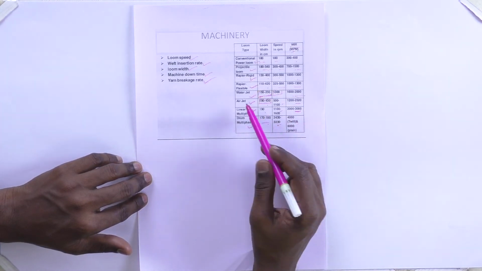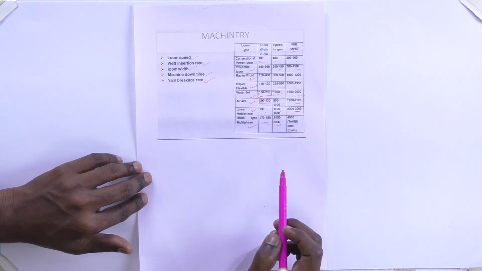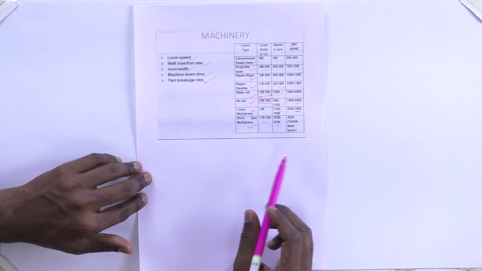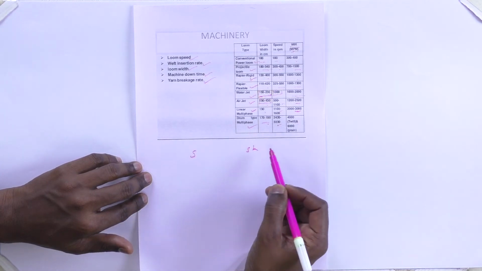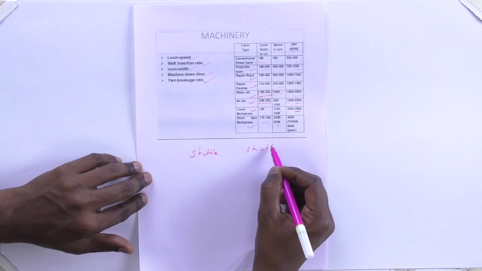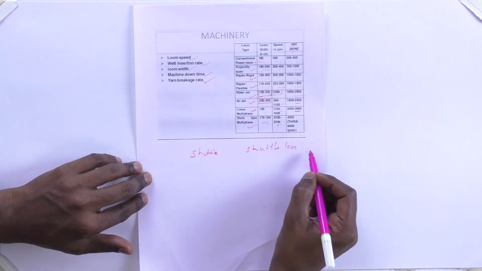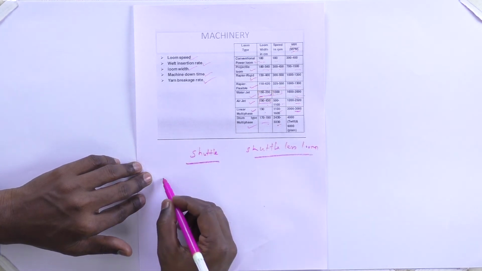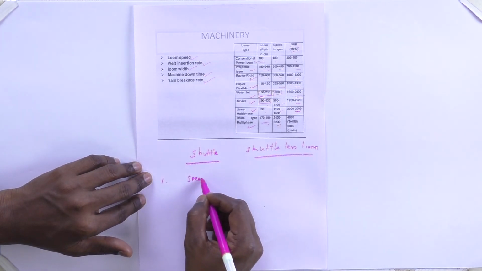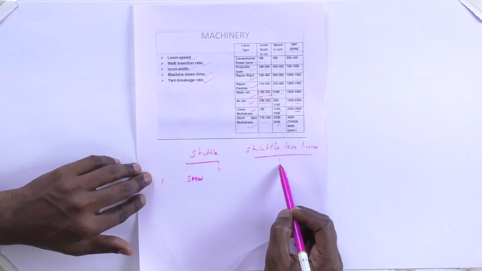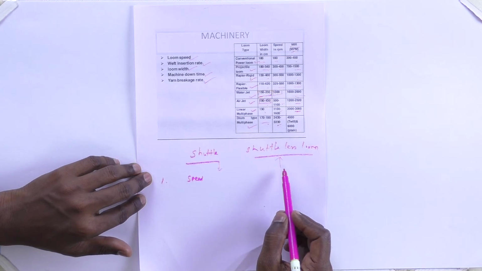When compared, the speed in shuttle loom is less, but in shuttleless loom we can go up to high speed.